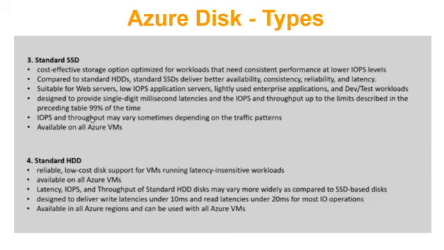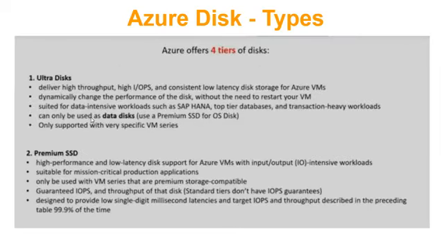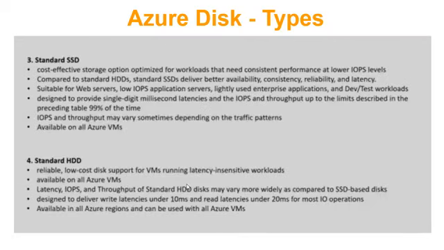So whenever you have high traffic, at that time it will show lower IOPS and throughput. Whenever you have little traffic, at that time it will show high, normal IOPS level and throughput. Okay, standard SSD is available on all Azure VMs, whereas premium SSD is available to only the VM series that are premium storage compatible.